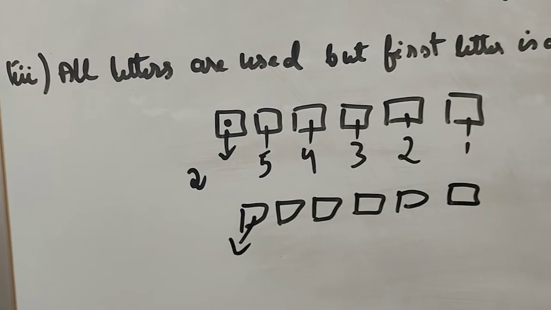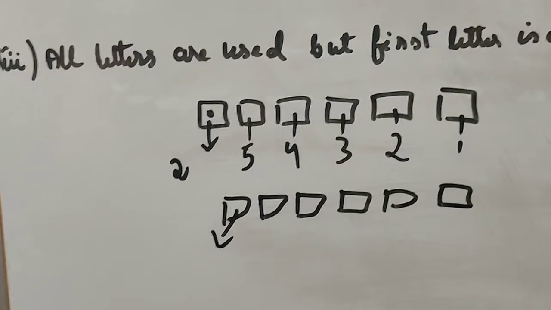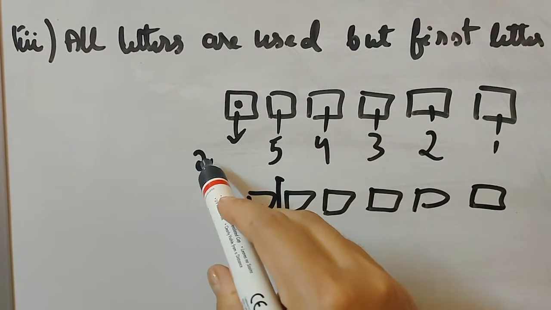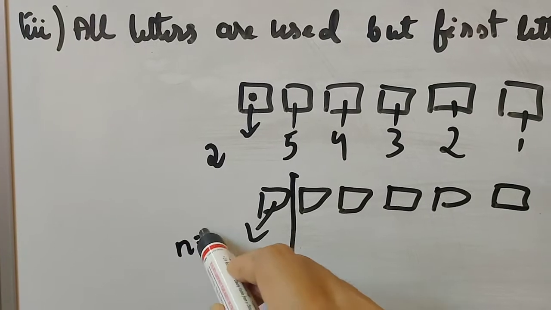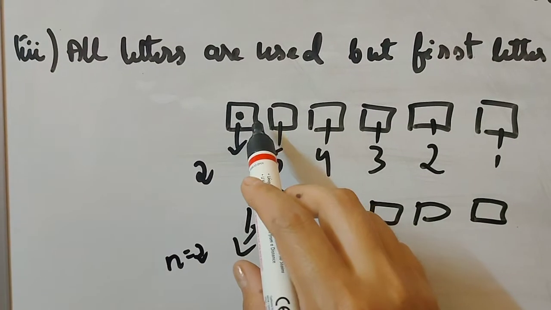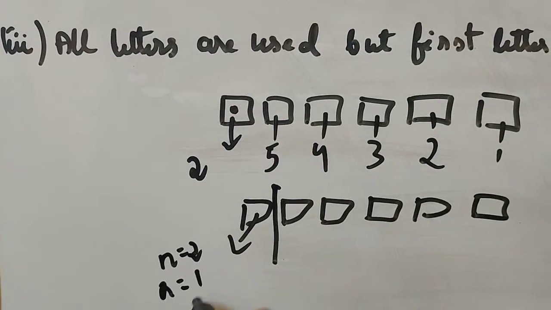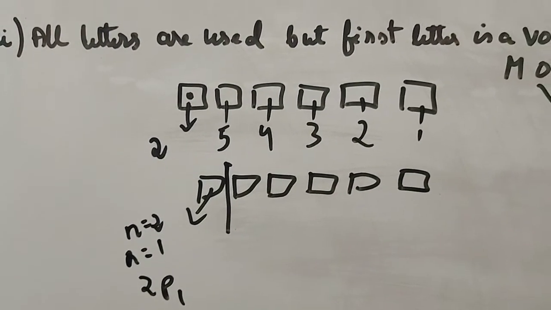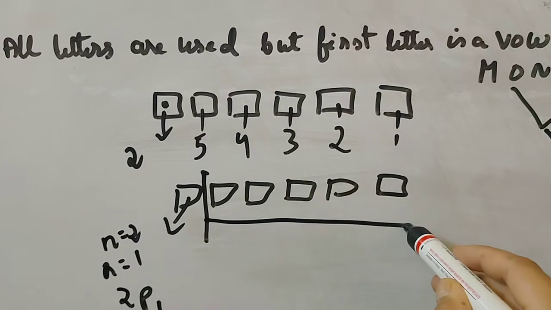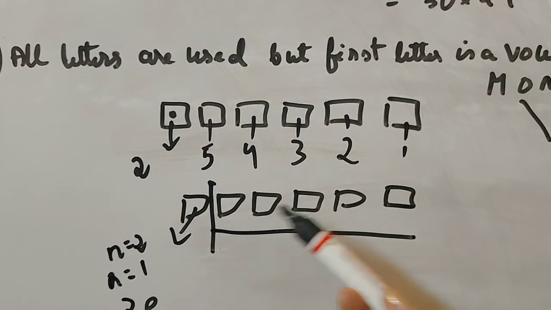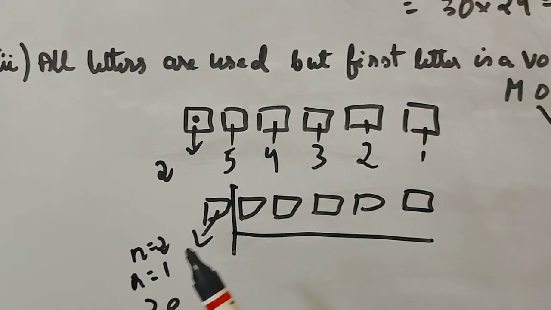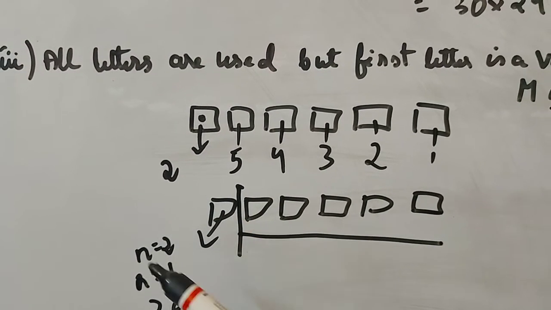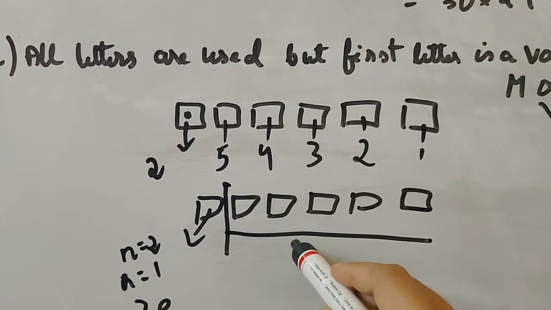So the first box has a condition, it is a vowel. So we are going to separate this box. Out of 2, so my n is equal to 2 and I am arranging for one box. My r is equal to 1, so it will be 2P1. Okay, and for all the remaining boxes together, if out of 2 I have used 1, then I will be left with 5 letters.